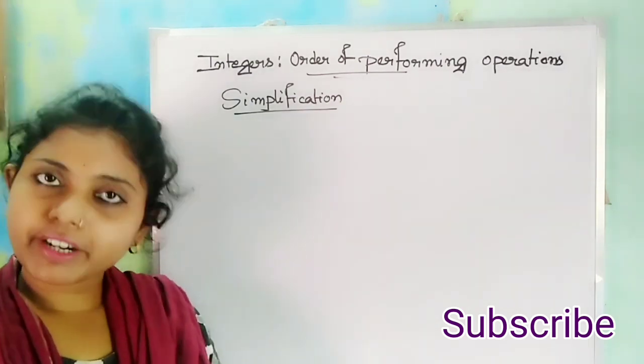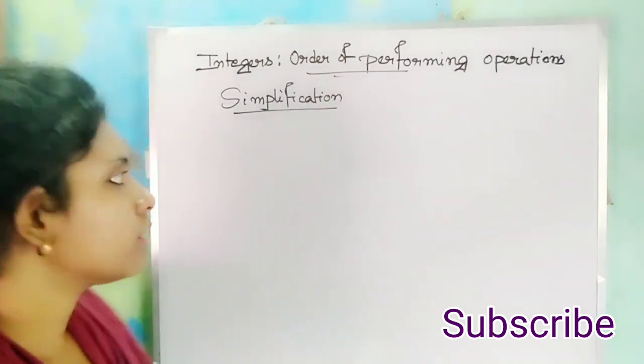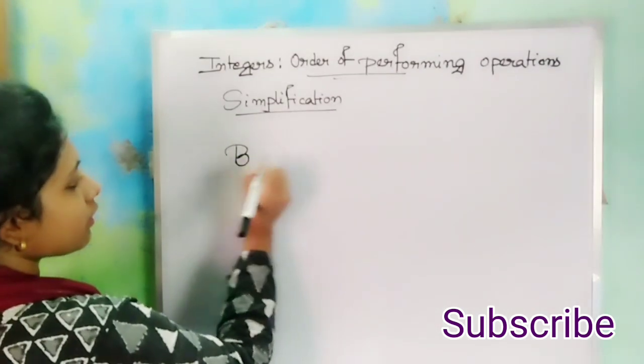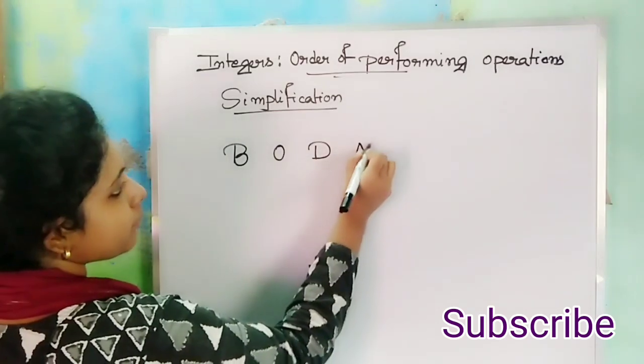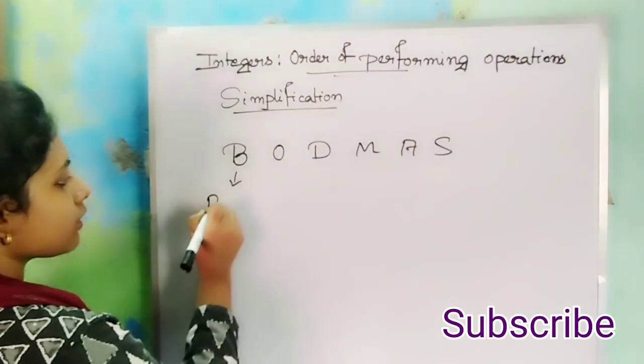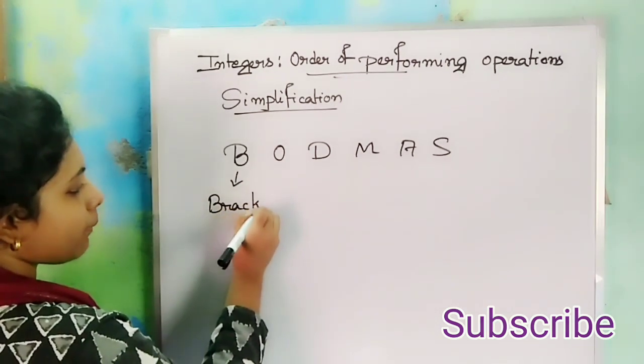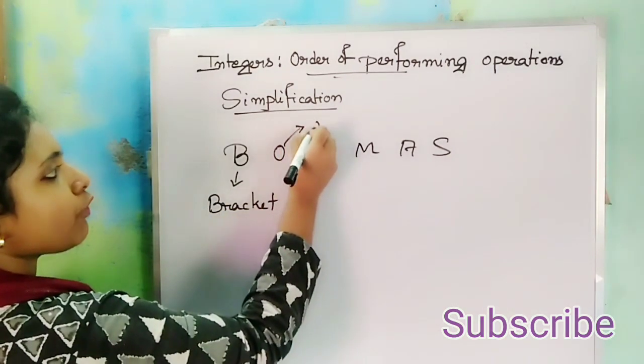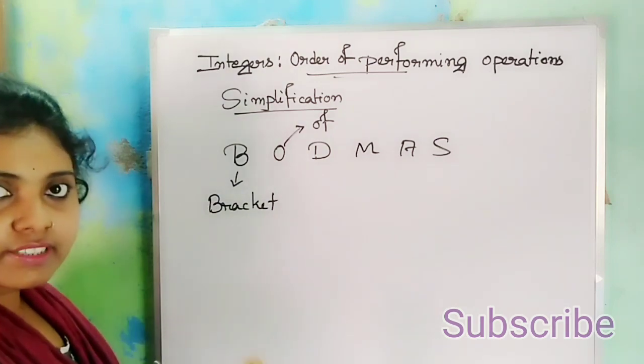You already know the simplification rule. The rule is BODMAS. B for bracket, O for of. Of means multiplication.